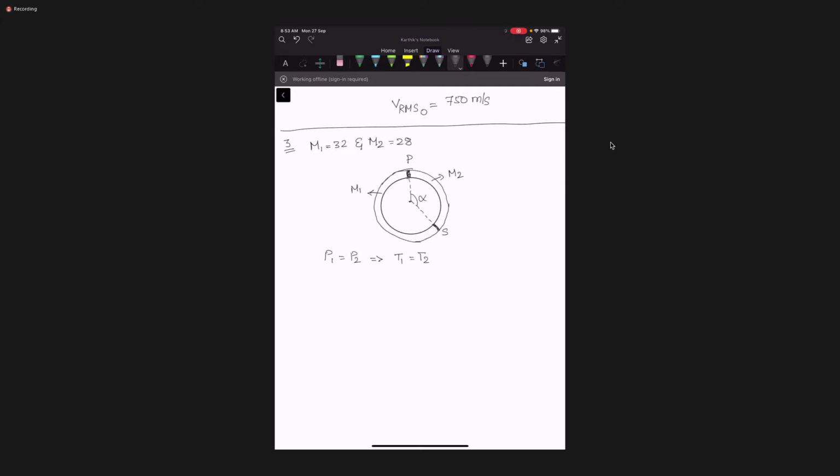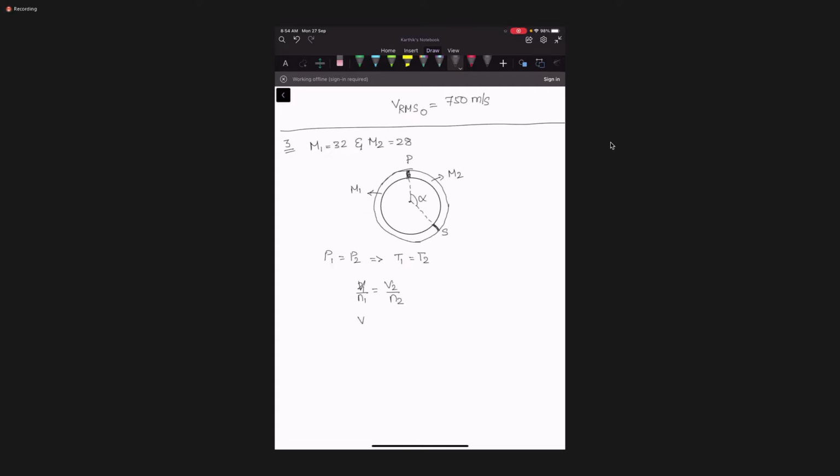So see, PV is equal to nRT. From this, V is directly proportional to n, the number of moles. Now V1 divided by n1 should be equal to V2 divided by n2.